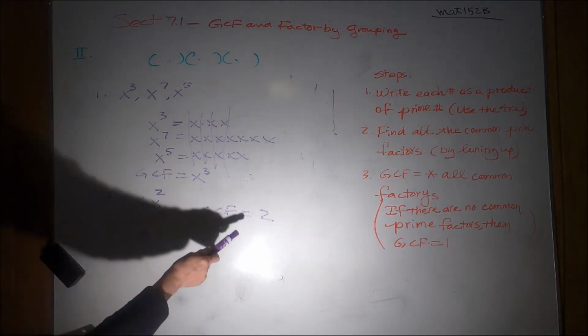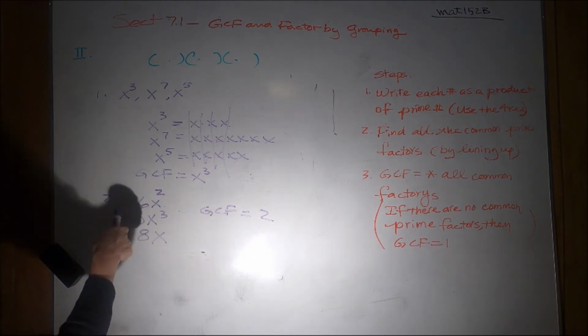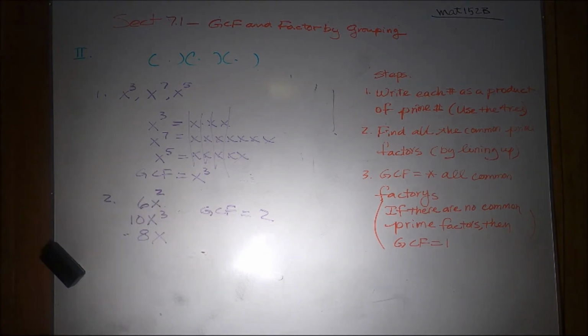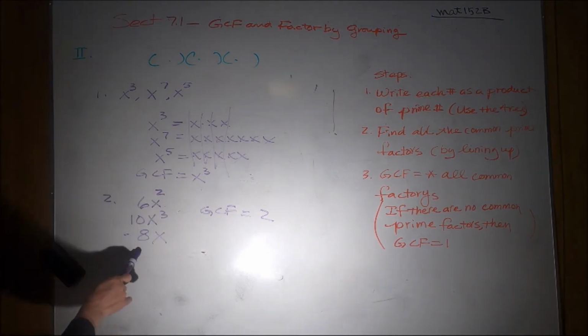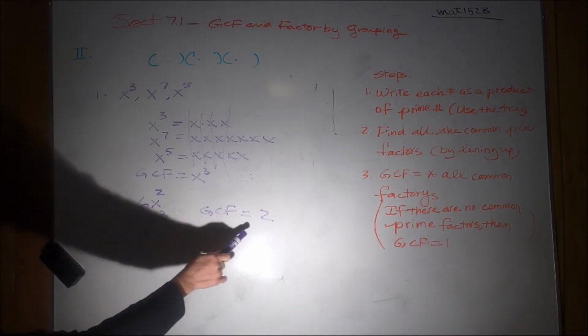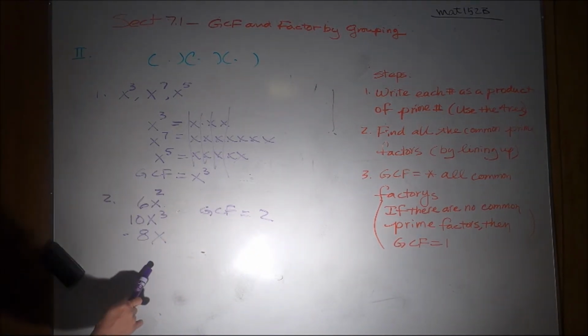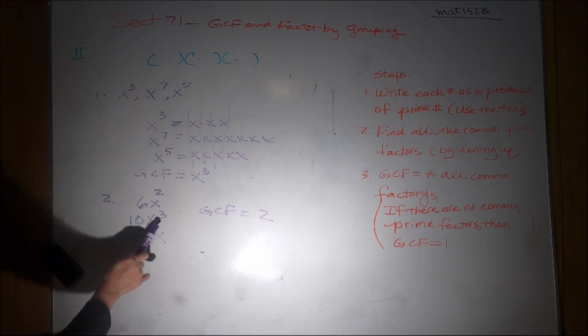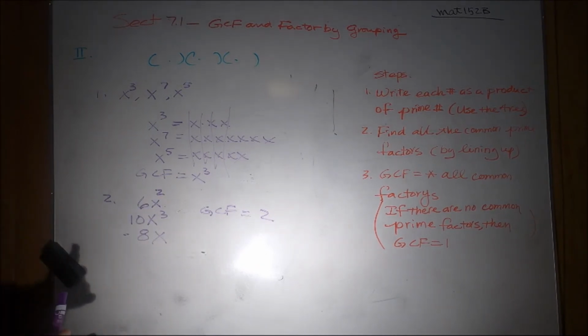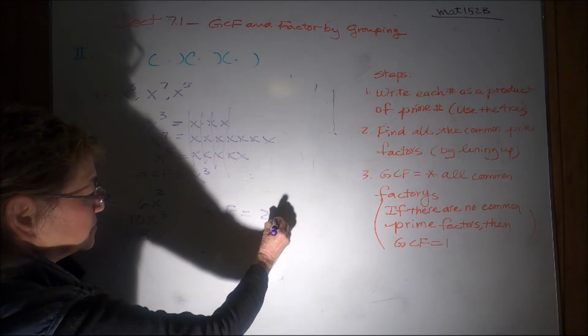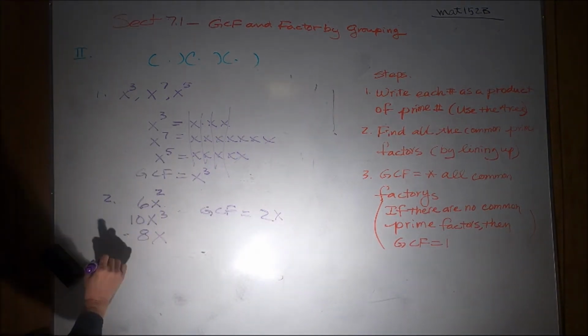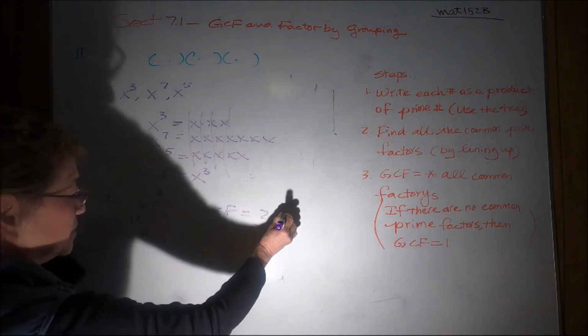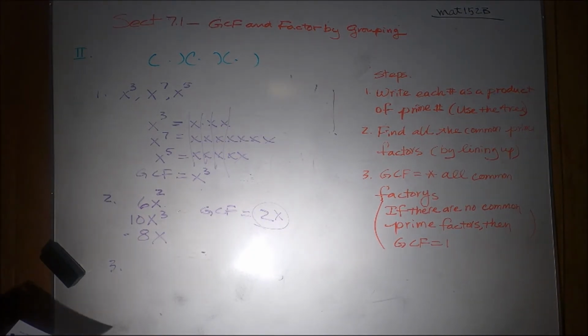We only use positive numbers because it can divide into all the negative numbers. In numbers by themselves, you find the GCF. Then for x's, x squared, x cubed, x, what do you think? GCF will be x, because x can go into all of them. So that would be your GCF.